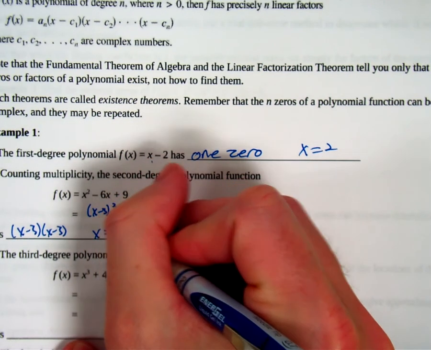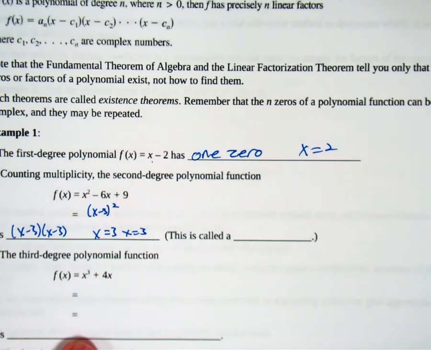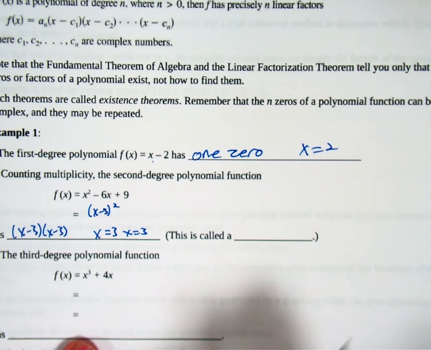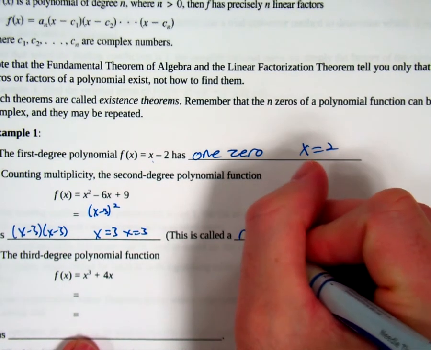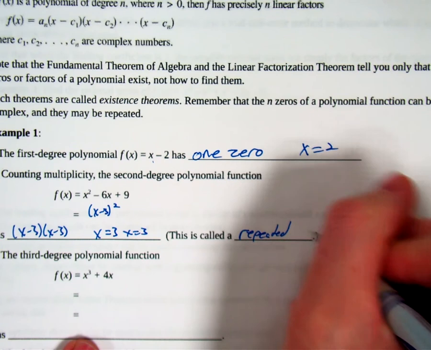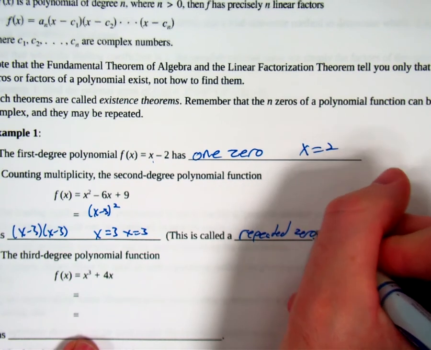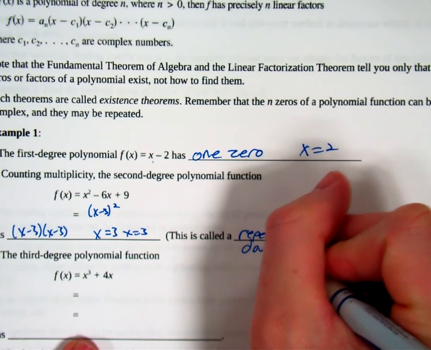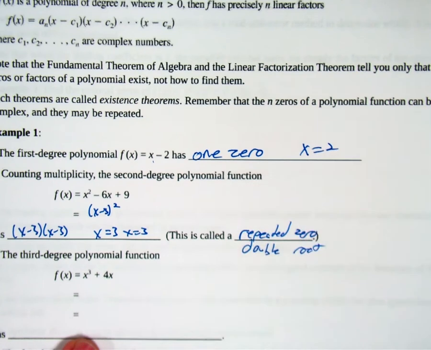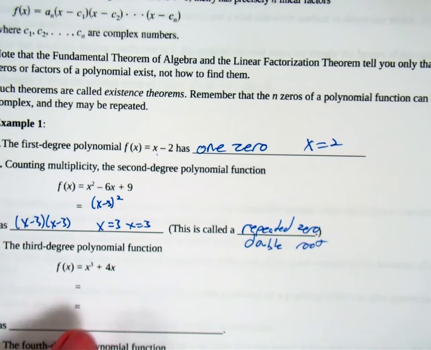For the roots, x equals 3, x equals 3, or just 3 one time is a double root, or a repeated root. A repeated root, repeated zero, double root. All things that it's been called before for us.